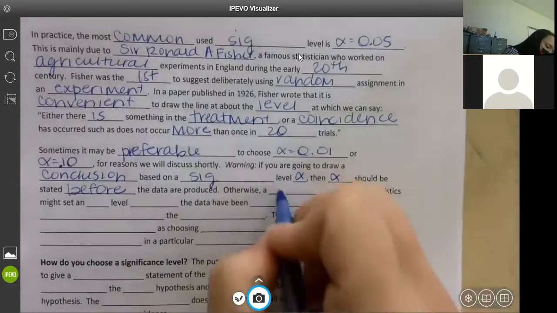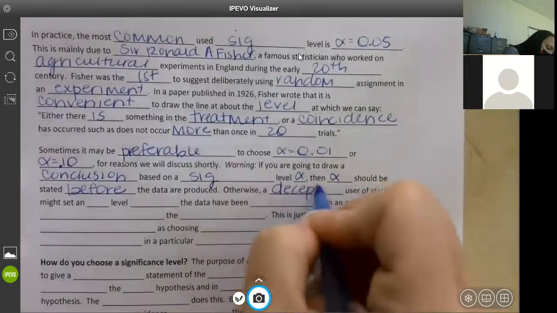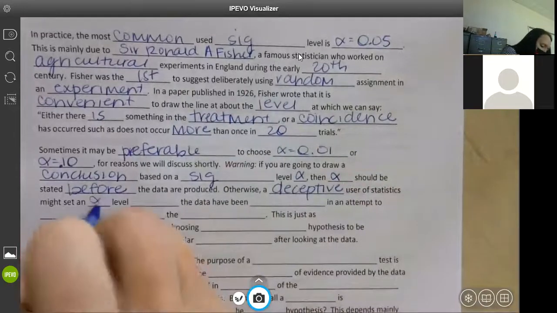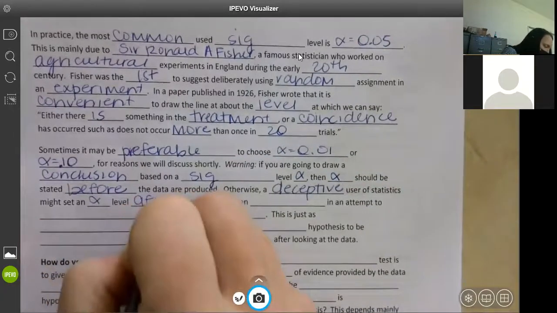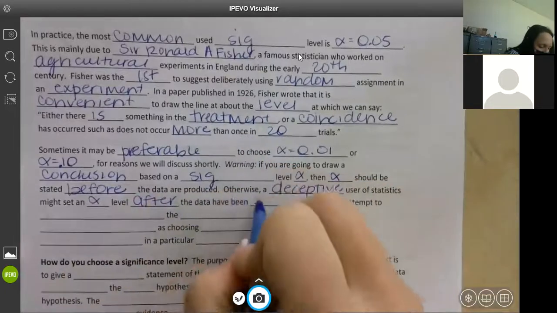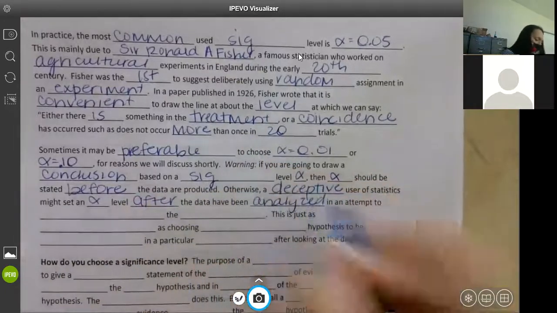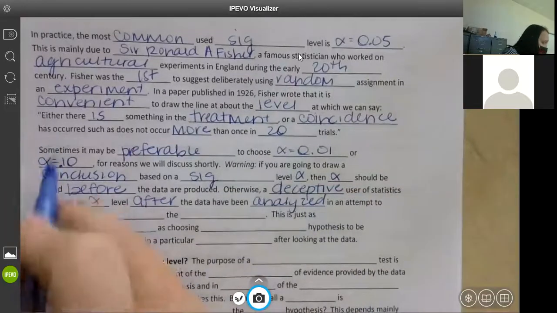Otherwise, a deceptive user of statistics might set an alpha level after the data has been analyzed in an attempt to manipulate the conclusion.